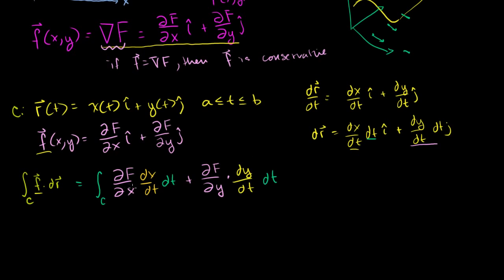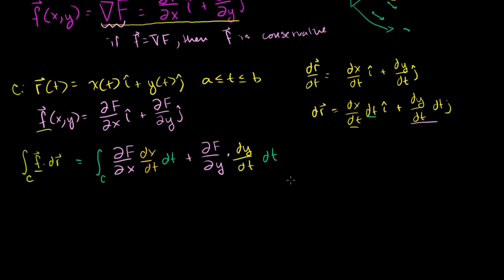And then we can factor out the dt. So this is equal to the integral, and let's say we've written everything in terms of t, where t goes from a to b.